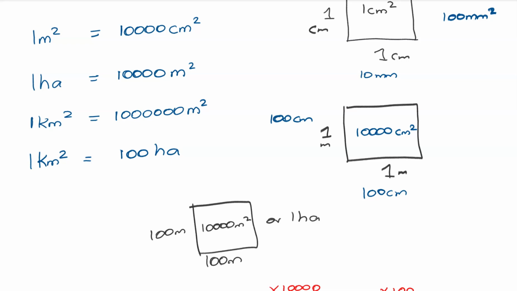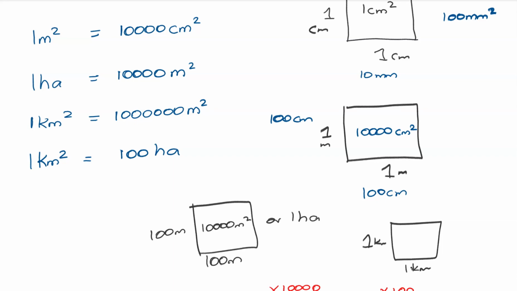And we can do that for kilometers squared as well. 1 kilometer squared is equal to 1 million meters squared, or 1 kilometer squared is equal to 100 hectares. So if we think about it, if we had 1 kilometer, I know it's not to scale, but I'm just giving you an example. That's just 1 kilometer squared.